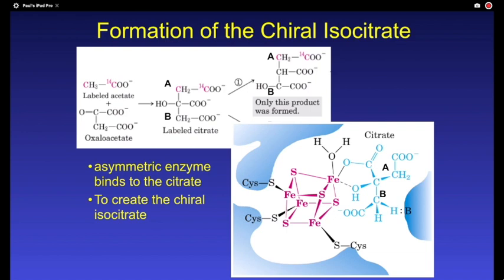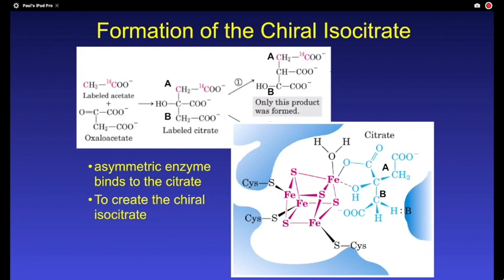Now, for a reaction to actually have asymmetrical outcomes, you have to have something asymmetrical to do it. And what is asymmetrical in this? The molecule is not asymmetric, but the enzyme is. And the enzyme binds the citrate in only one way, in which it places the base that takes the initial deprotonation next to the carbon that is part of oxaloacetate. And that's how it orients itself inside the enzyme.